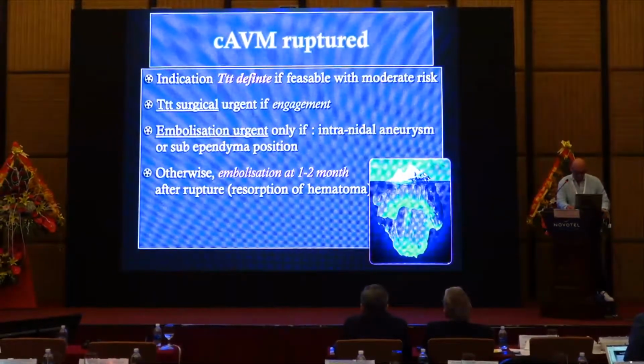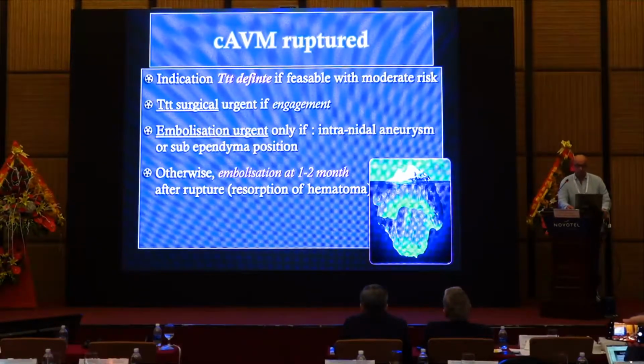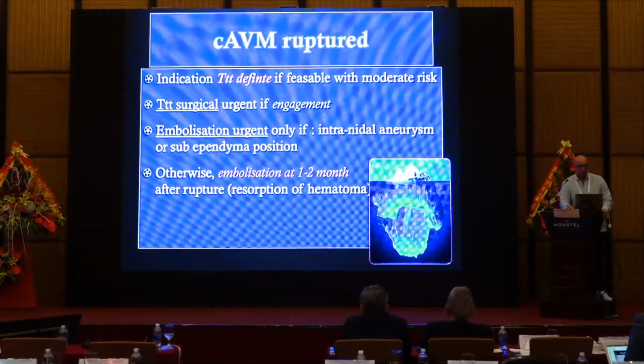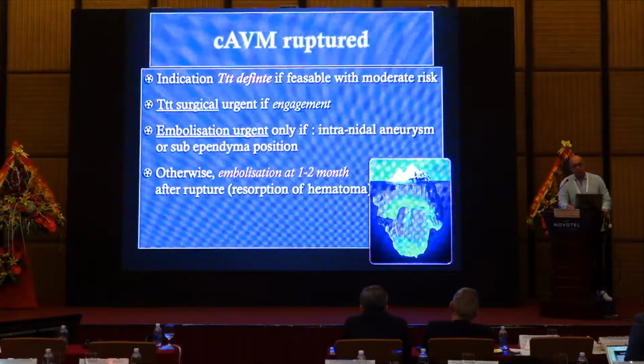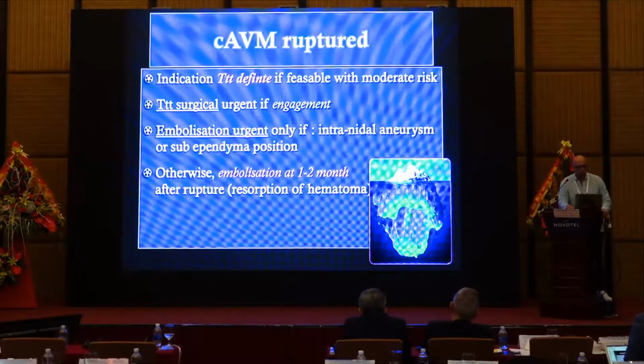Concerning the cerebral arteriovenous malformation, the ruptured one, it's a definite indication for a treatment when it is possible, if it's a moderate risk. If it's a high risk, then we have to discuss what can we do.